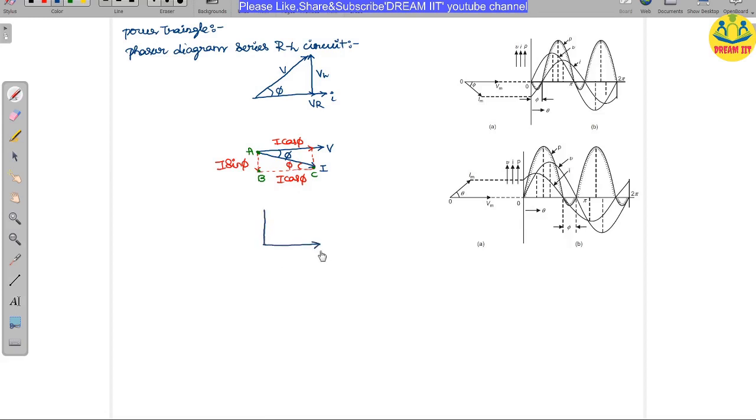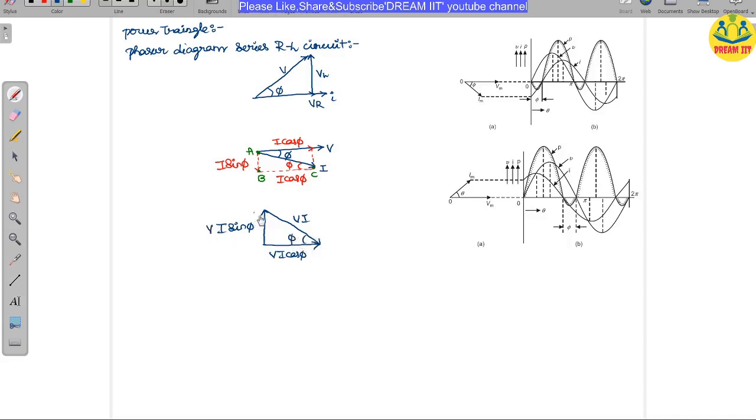The length of this side is I cos phi, and the length of this side is I sin phi. Now let us multiply V on all sides of the triangle, so the sides become VI cos phi and VI sin phi, and the angle is phi.